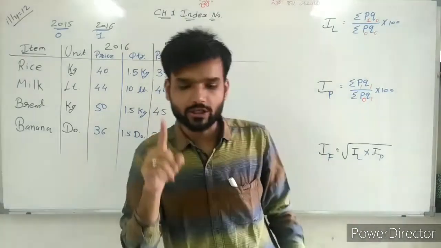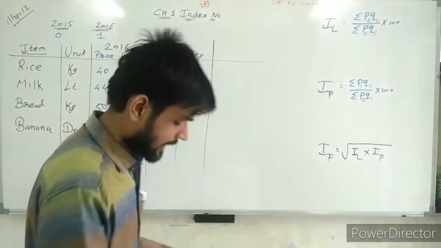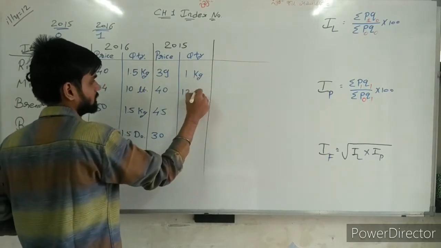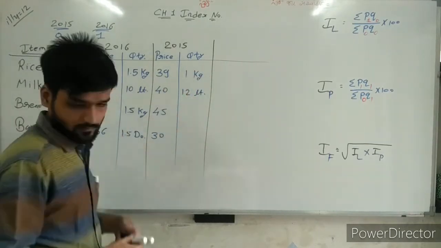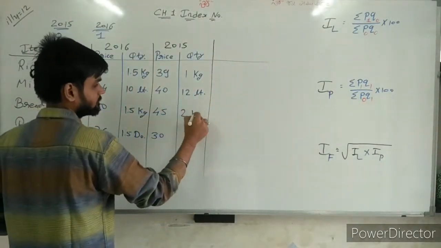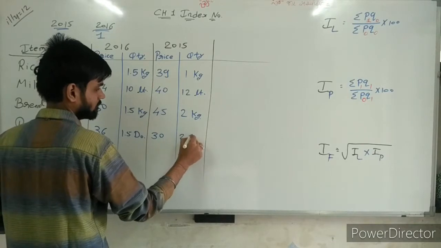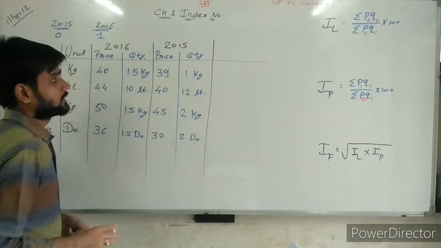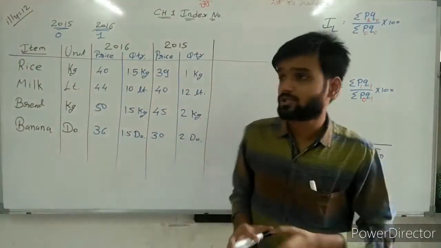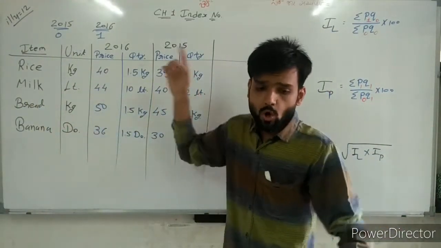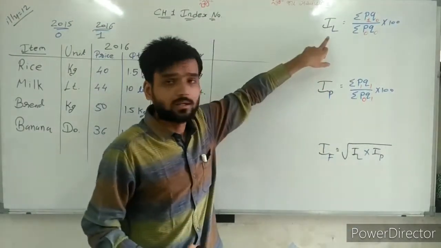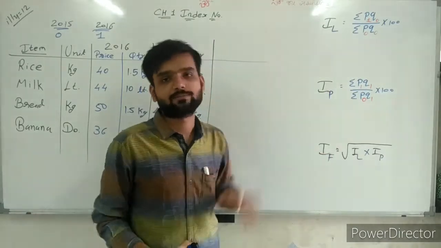Now talking about quantity: 1 kg, 12 liter, 2 kg, 2 dozen. Now this information is available to you. On the basis of this information, we need to find the index number, Laspeyres, Paasche and Fisher.